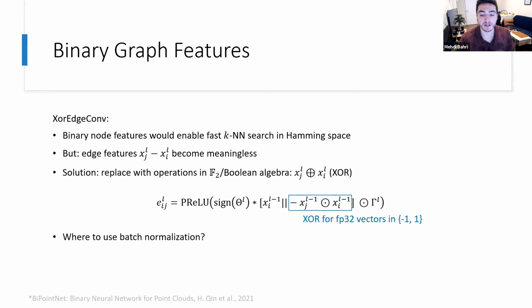So now the question remains where to use the batch normalization, because it changes the distribution of features pre-quantization, which has been observed to be important in XNOR-Net, but also especially when followed by a max pooling aggregation. Recent work on the binarization of point cloud networks has shown that it's actually quite important to ensure a balanced distribution.